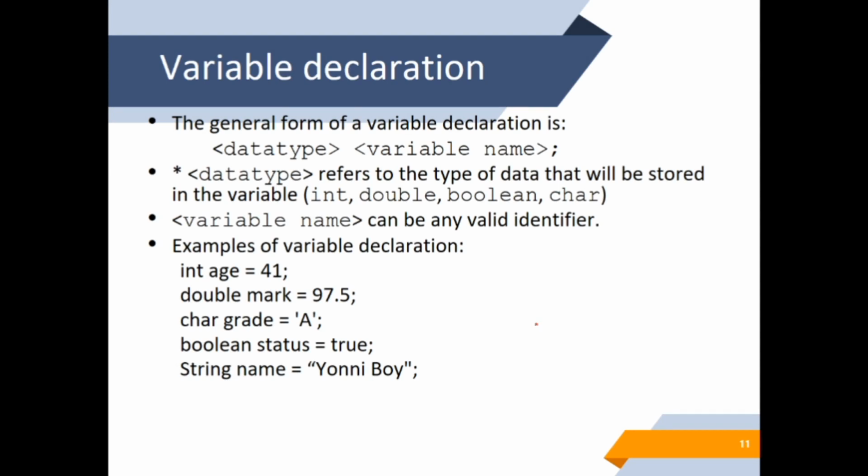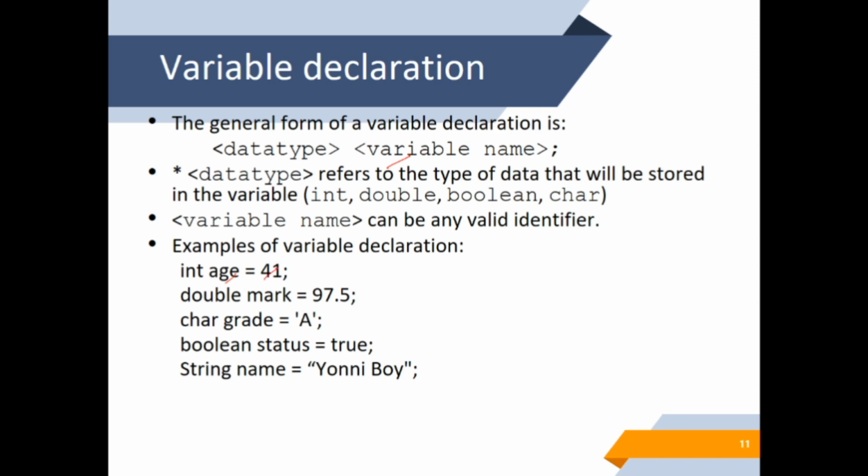We look at how we declare a variable. Once you want to declare a variable, we are supposed to put the data type first before the variable name. We look at the example. Say for example, you want to declare variable age.